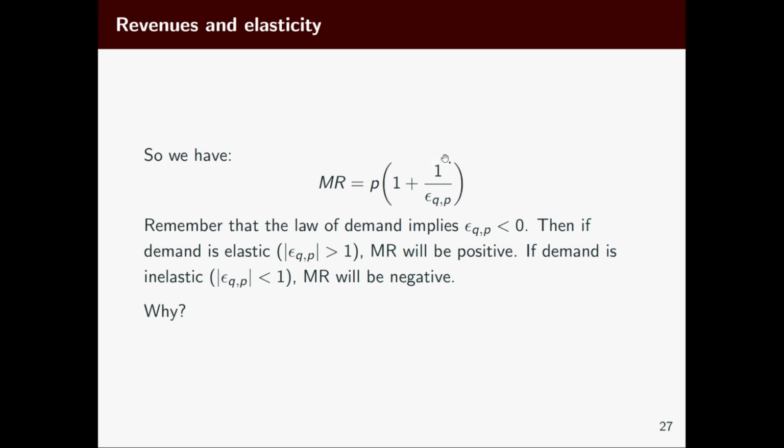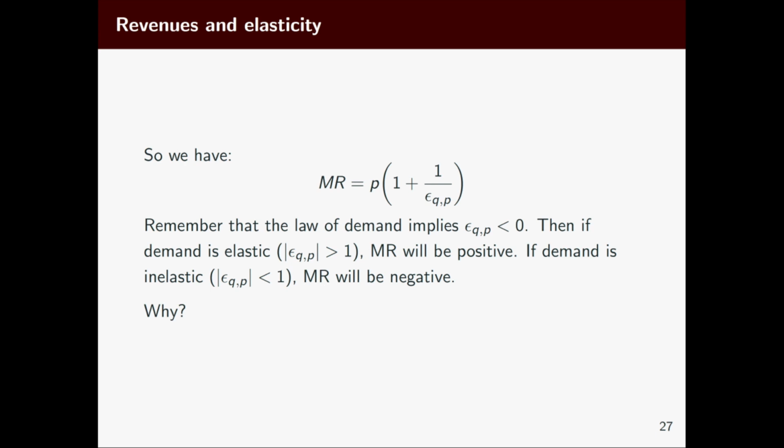to be negative. Okay? If everything in the parentheses here is negative and we're multiplying it by price, which is always positive, then we get a positive times a negative, meaning this whole thing is negative, meaning marginal revenue is negative. What that means is if we have inelastic demand, marginal revenue is going to be negative.